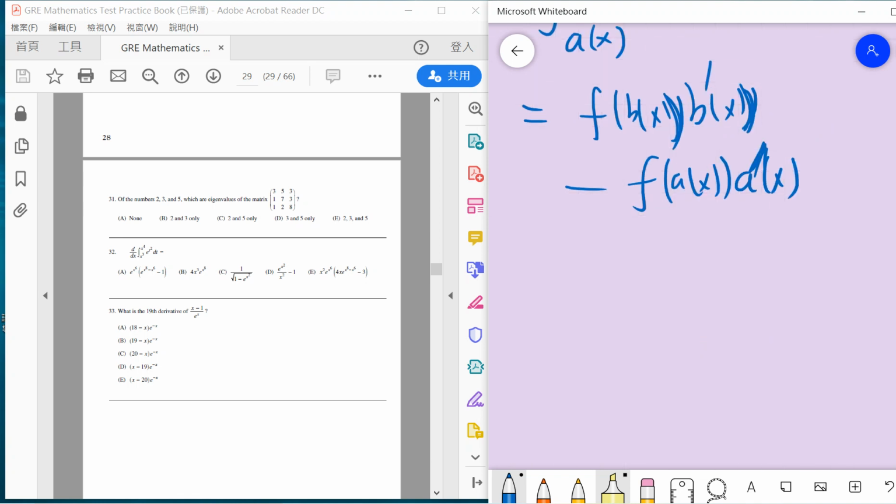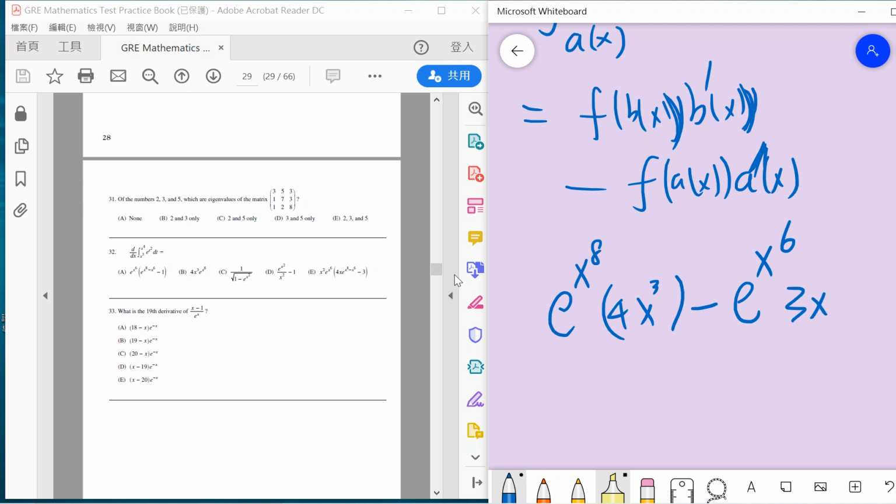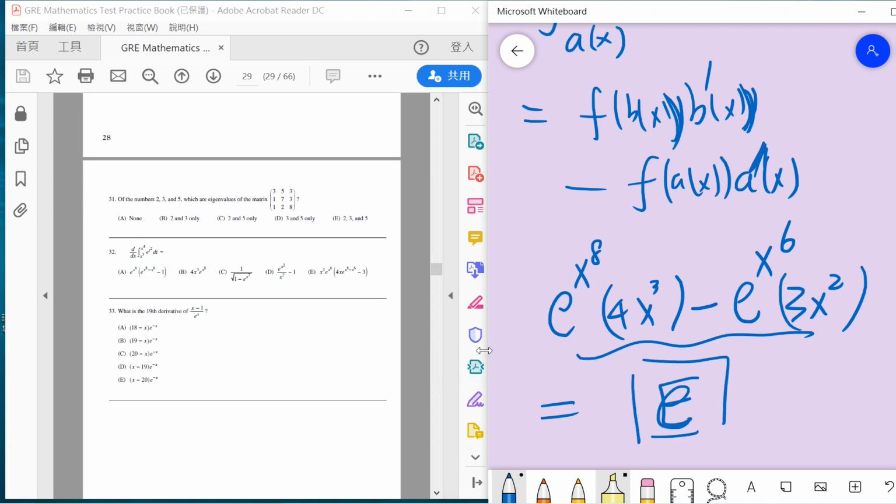So using this Leibniz formula, we can easily get the answer: exponential of x to the 8 times the derivative of x to the 8, minus exponential of x to the 6 times the derivative of x cubed. So you can combine it and choose E. So the answer is E. Okay, so we go to 33.